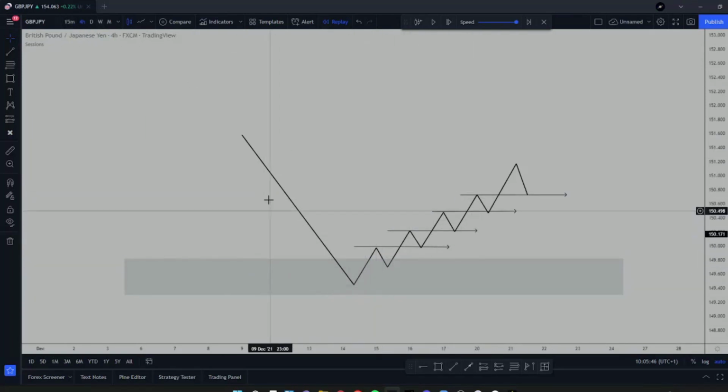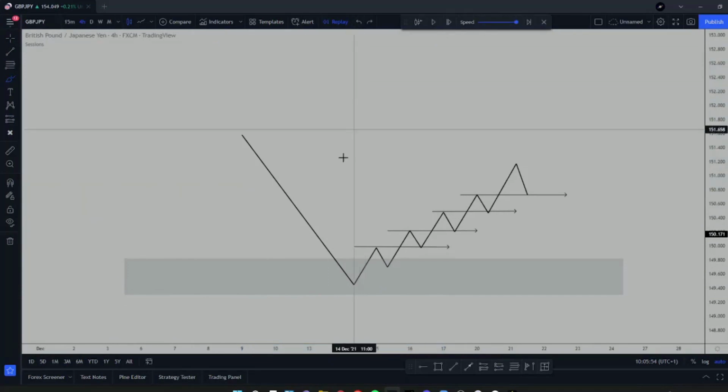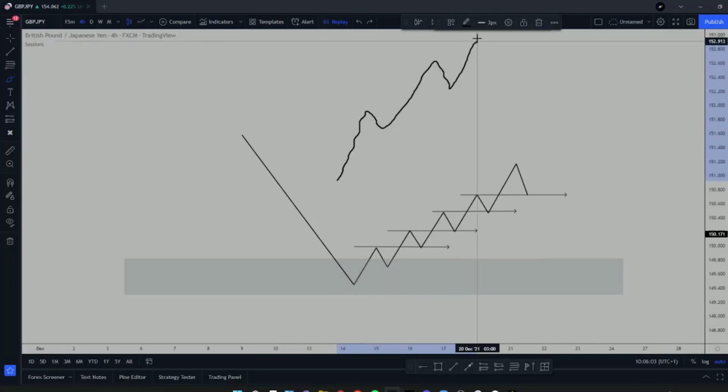This is just normal market behavior. There is no market that just goes down or just goes up. Even in crypto bull runs, you have a very aggressive up move, some pullbacks, again an aggressive up move, and some pullbacks. It's basically the same thing.